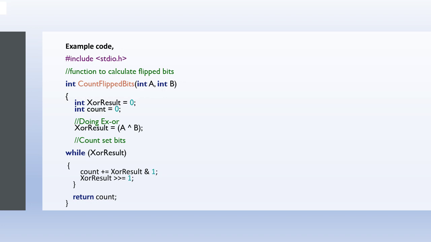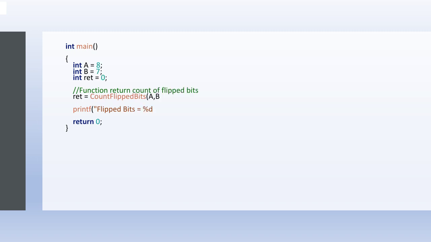So we can call this program in the main function something like this: return equals count flip bits. So the output will be something like flip bits equal to 4, obviously for 8 and 7, right? So the output should come as flip bits equal to 4.